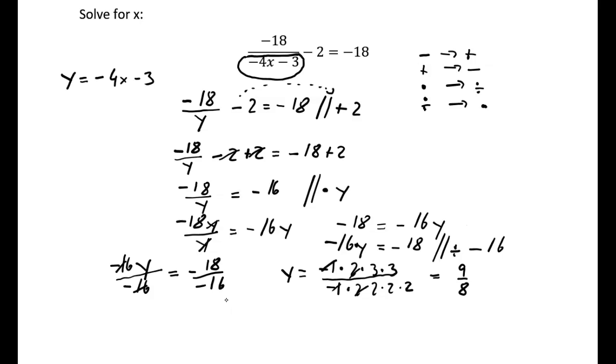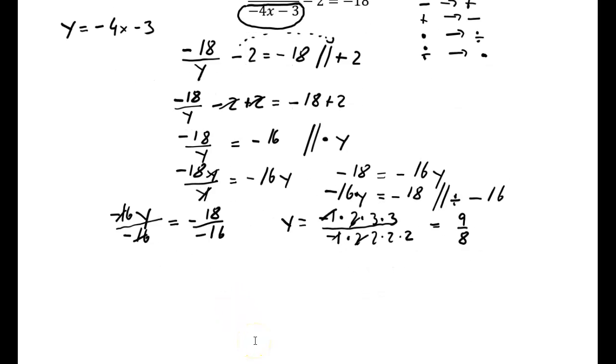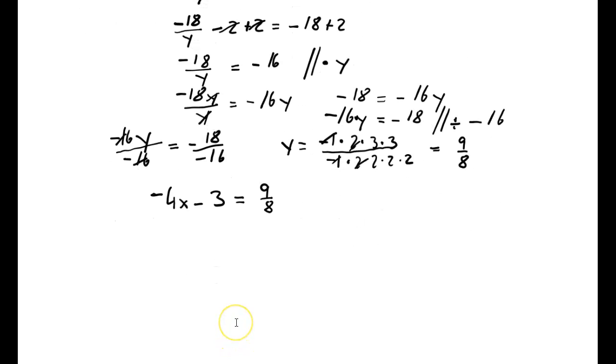But remember, we substituted it. So now we say this y was actually negative 4x minus 3, and that equals this term 9/8. Now we really need to figure out what this x is.